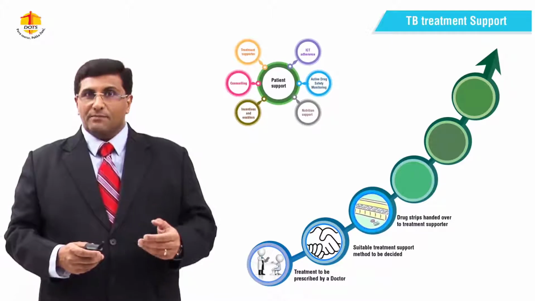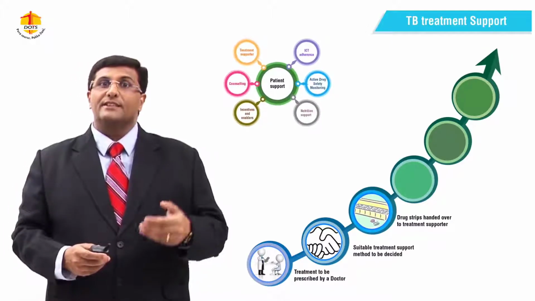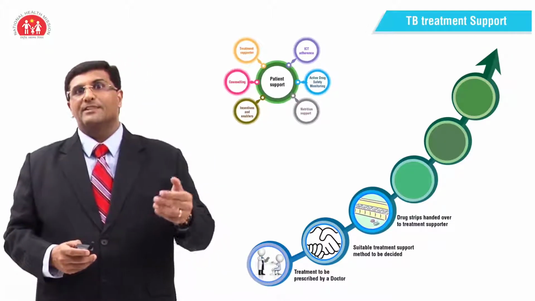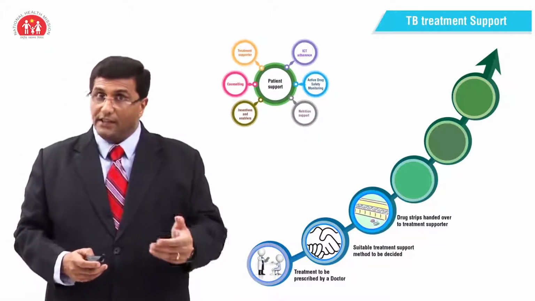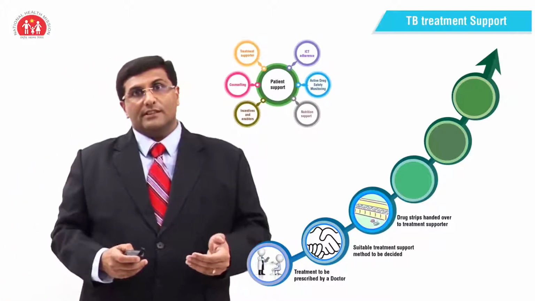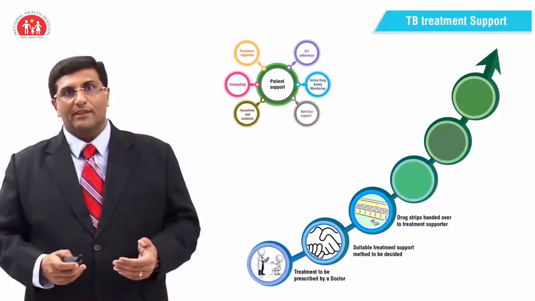There are drug strips to be handed over to the treatment supporter. For every patient, a treatment supporter needs to be identified again based on the preference and choices and in consultation with the patient and the family members.